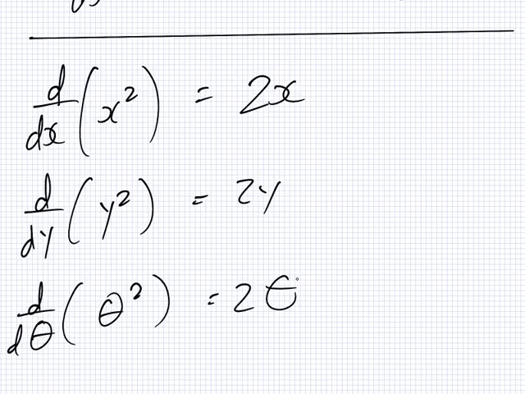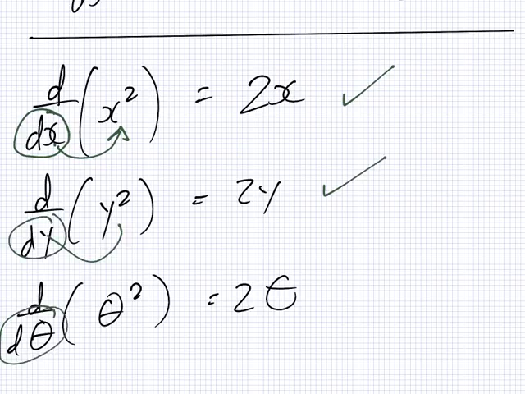My point is that this part here just tells you what the variable is. The variable is x. So as long as it's an x here, all is good. This tells you it's a y, this is a y, this is good. Theta, this is a theta, so this is good as well. The letter is not important, really. As long as they match, then everything is just as normal.